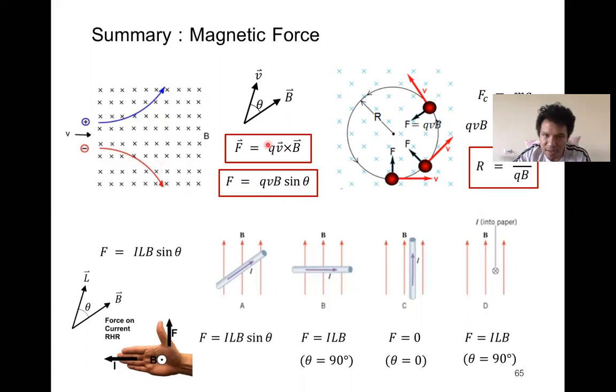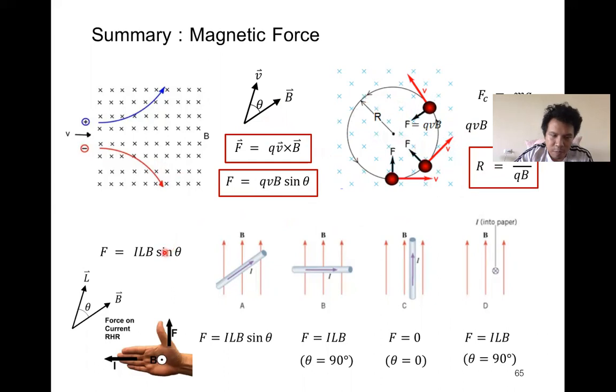If theta is 0, or V is parallel with B, we have no magnetic force. And for the case that the magnetic field is uniform and V and B are perpendicular, making 90 degrees, we will have a circular motion, and we can derive the radius of the circular motion.